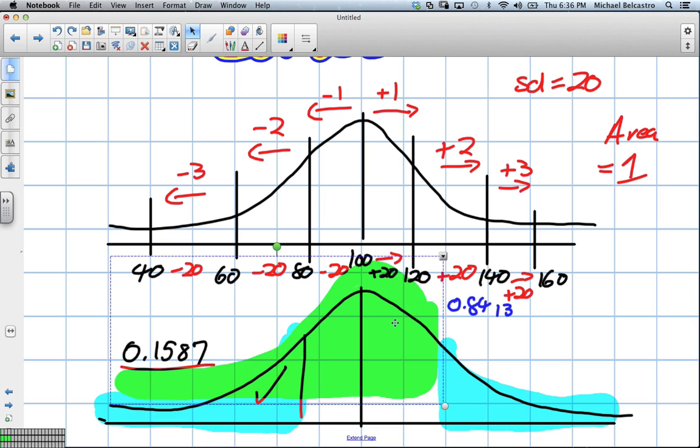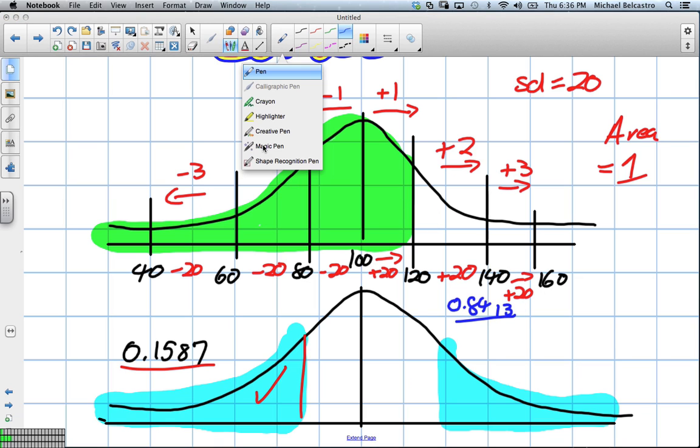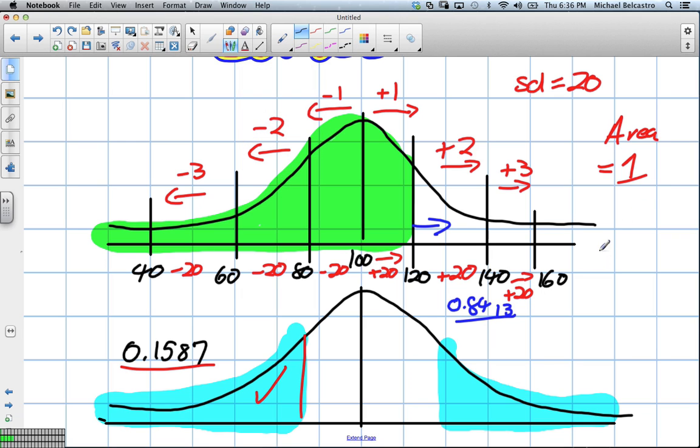So what we do is we subtract that amount, this number here, from 1 to find out what is to the right of this. So we take this number 1, and we subtract our amount, which is 0.8413, and it turns out we're going to get 0.1587 again.